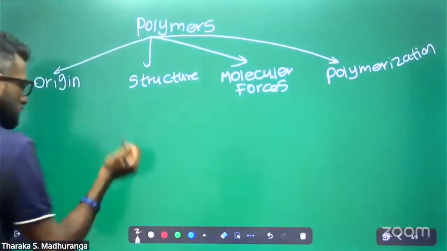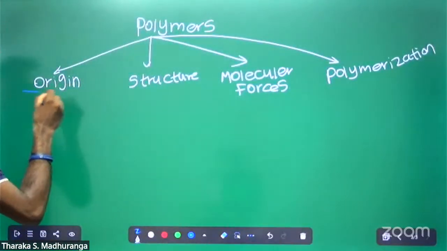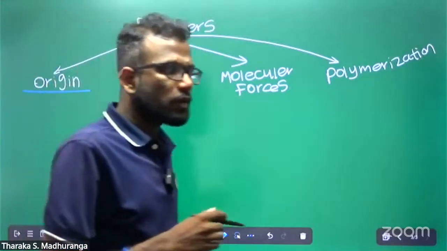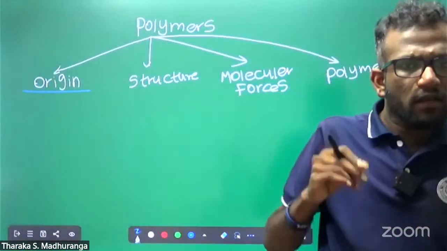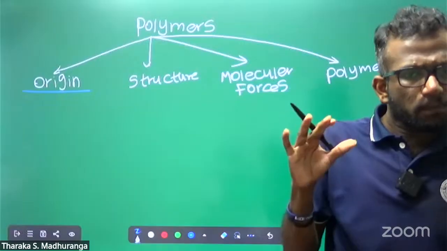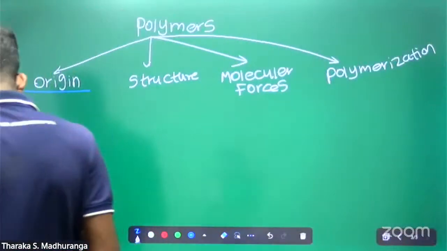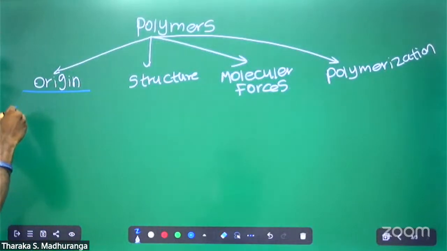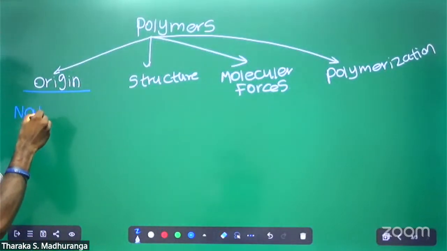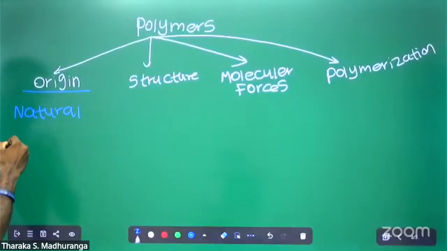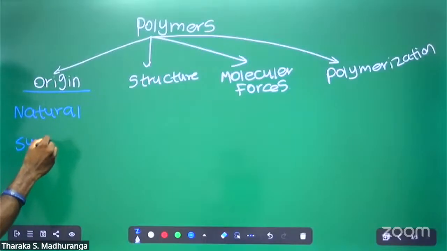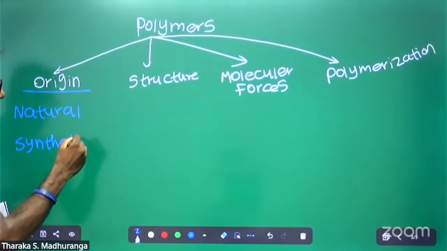Now, according to the origin, we can divide polymers into two categories: natural polymers and synthetic or artificial polymers.